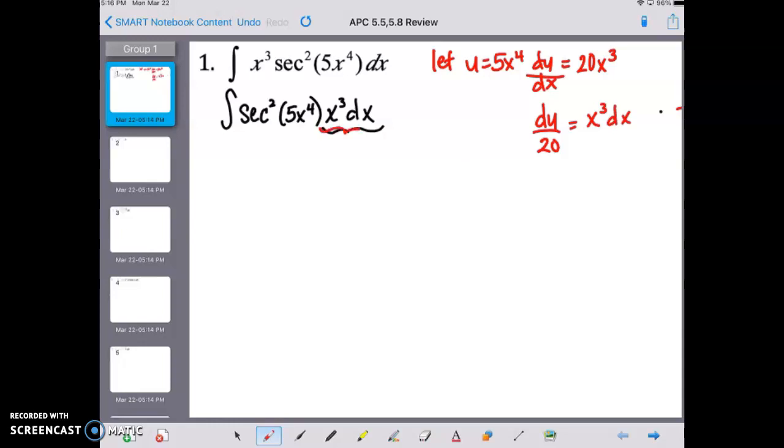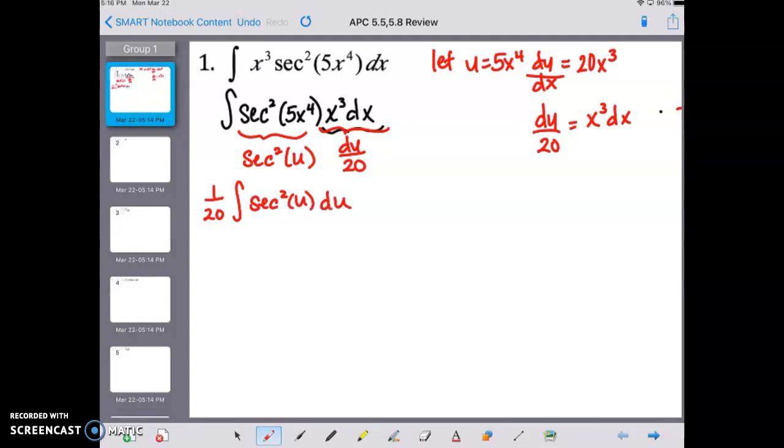So that tells me that for my x cubed dx, I am going to substitute in du over 20. And then my 5x to the fourth is my u, so this part of my integral is going to become secant squared of u. And of course, since I'm dividing by 20, I can pull that in front of my integral symbol. So I'm going to have 1 over 20 times the integral of secant squared u du.